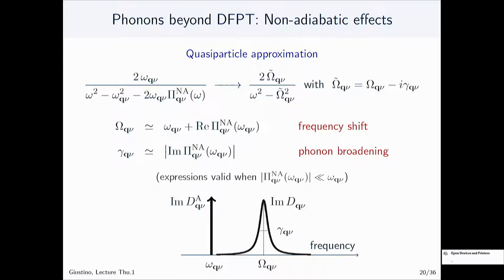But also a broadening, so instead of having a sharp peak, this acquires a little bit of a width, and this width is the inverse of the lifetime of the phonon, okay? So when you're looking at a phonon lifetime coming from electron-phonon interaction, that comes from this kind of effects, all right? And that's something we can calculate now. That's quite straightforward. You've been doing it yesterday already.